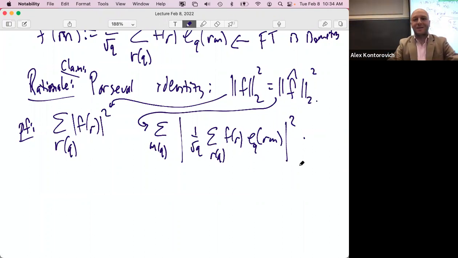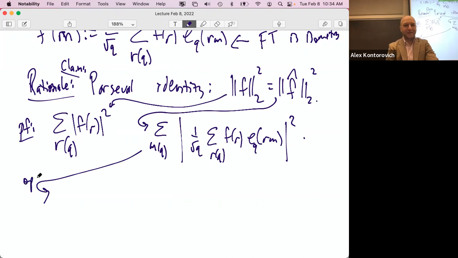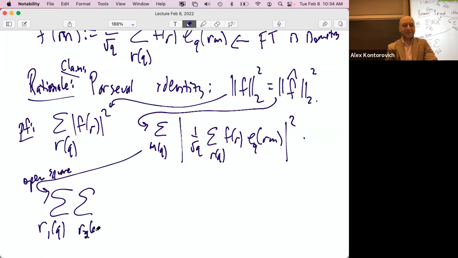Here we go. It's the incredible thing about complex numbers, right? Exactly. Exactly. So we're going to open the square and reverse order. So when I open the square, I'll have a sum over two variables, an R1 and an R2. I'll have an f of R1, f of R2 bar.